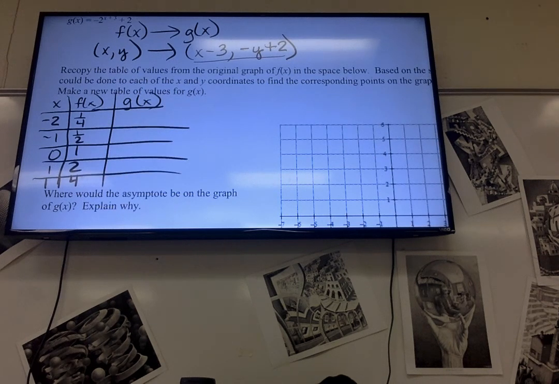Now we're going to figure out how that changes for our new g of x, which is that not real pretty equation. If we just know how to graph the parent function, then we can change it using the transformations.